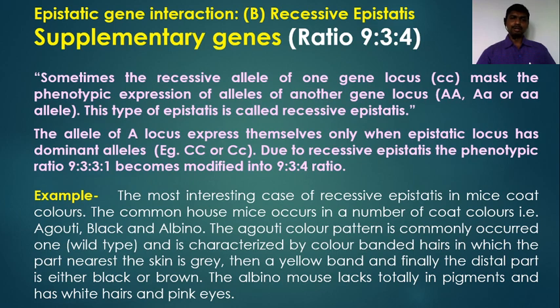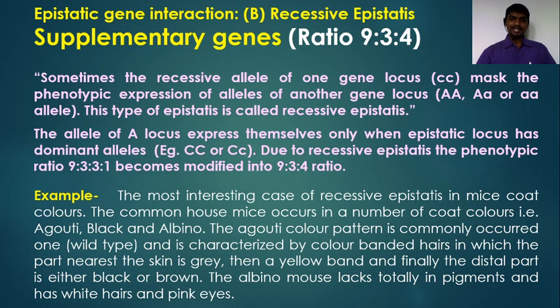This agouti color pattern is the commonly occurring one, so we say it is the wild type, and it is characterized by color banded hairs, the hairs having the color bands.